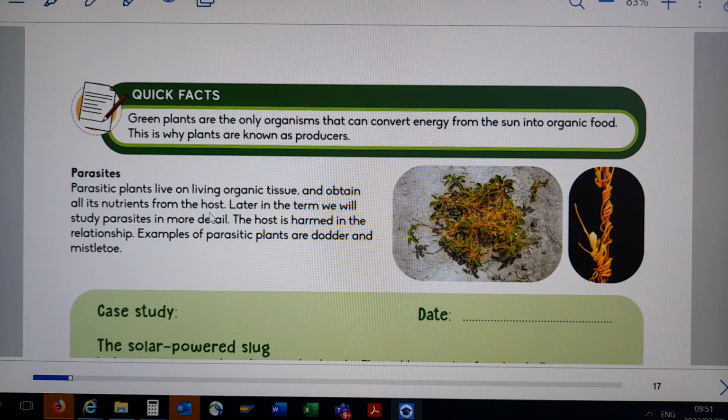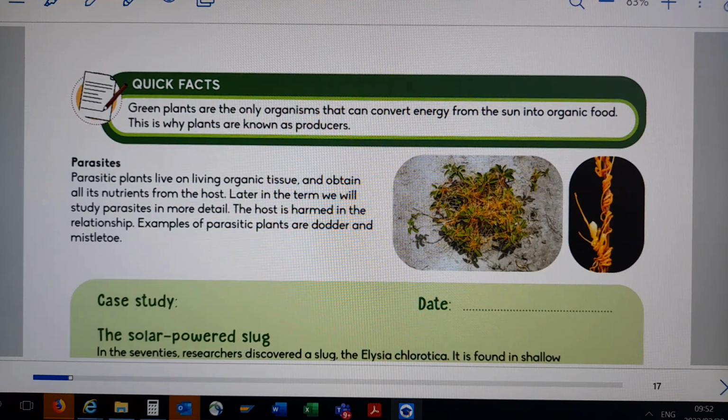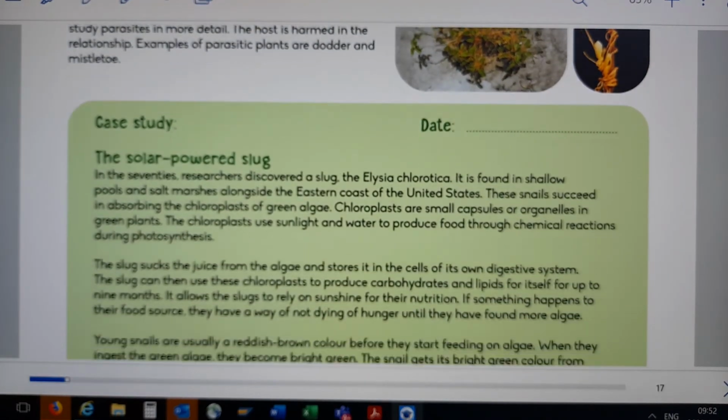This is tough, but we'll learn about that later in the term, when we will study parasites in more detail. The host is harmed in the relationship. Examples of parasitic plants are dodder and mistletoe. We will get to see these parasitic plants later in the term, but for now they just gave us their names.